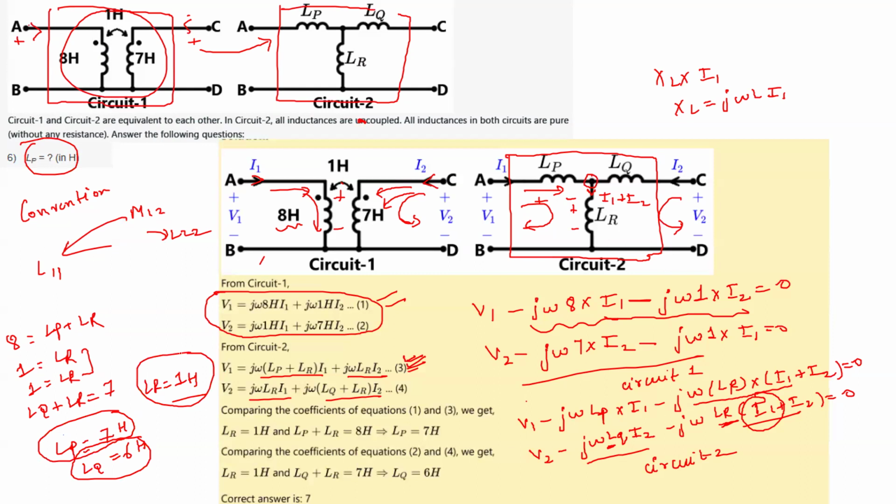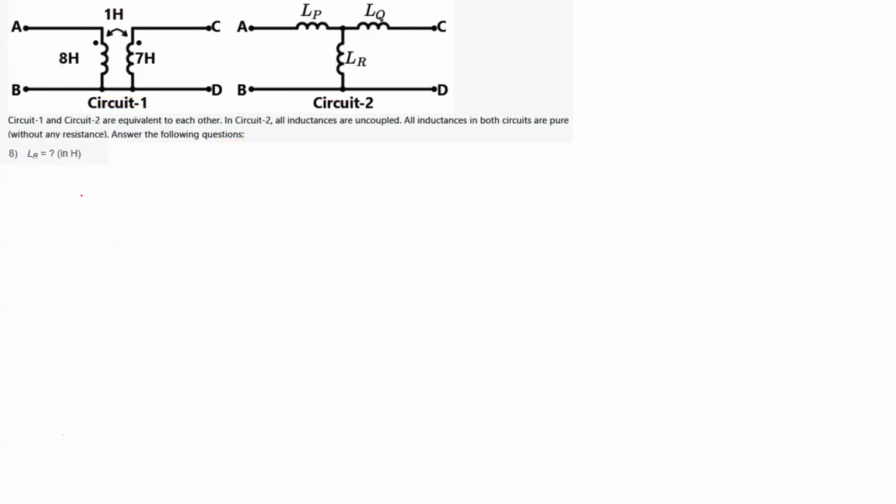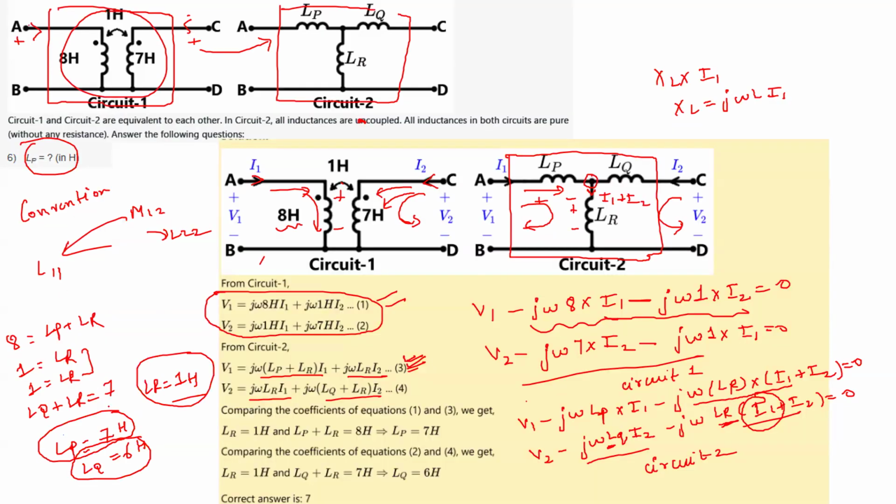We have to write two KVL equations for the two circuits again and again. It's a lengthy question, but if you solve this question completely, you can solve the three parts. So don't worry if you see that time is being taken. The time is utilized for you to solve the three questions together. Is there any doubt in this?